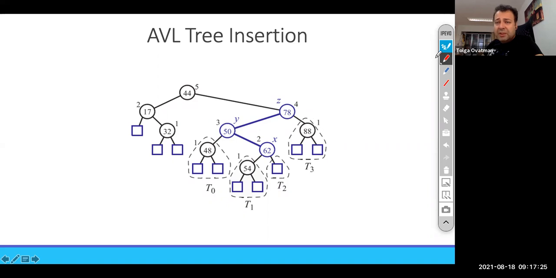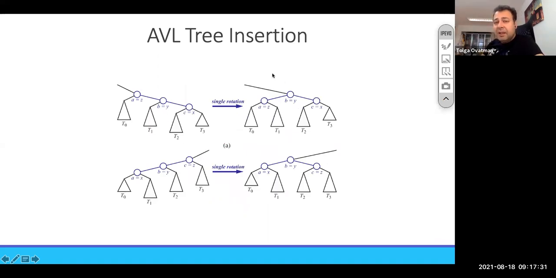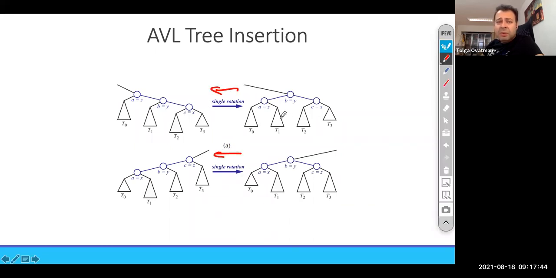And what you do is, we have discussed this before, something called rotation in this case. So how we make these rotations is we do it either towards left or right, but they are the inverse of each other, so actually these arrows are two-way. There's no point in making this rotation because you make the tree imbalanced.